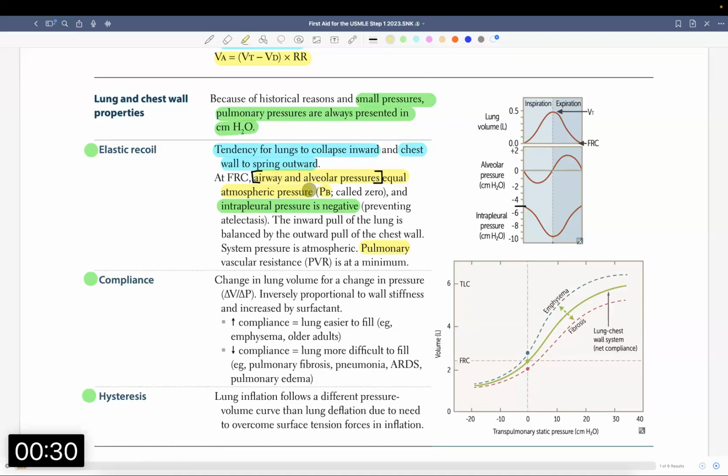What is atmospheric pressure? Symbol is PB, and this is at 0 centimeters of water. At this FRC point, intrapleural pressure is negative, preventing atelectasis, and the inward pull of the lung is balanced by the outward pull of the chest wall. Systemic pressure is atmospheric, and the pulmonary vascular resistance is at a minimum.